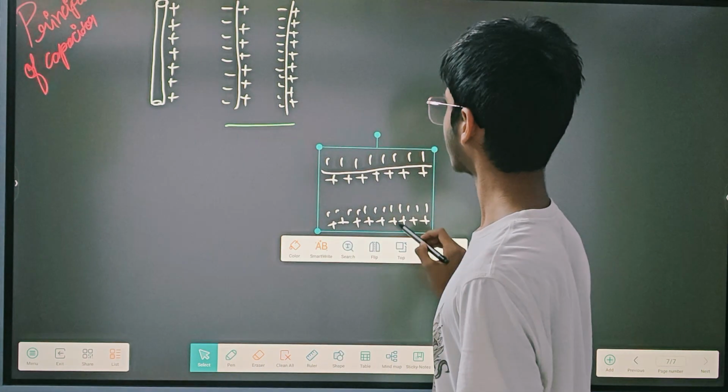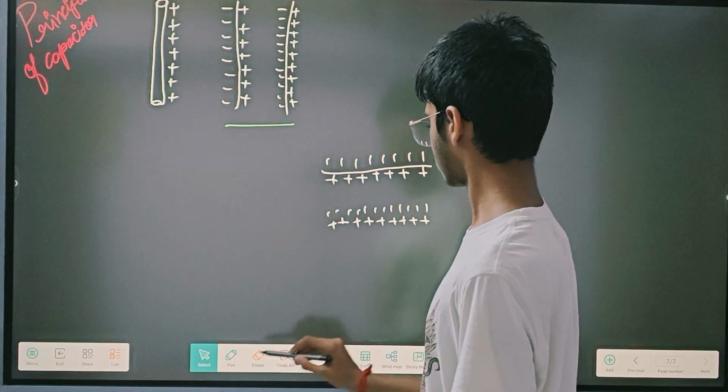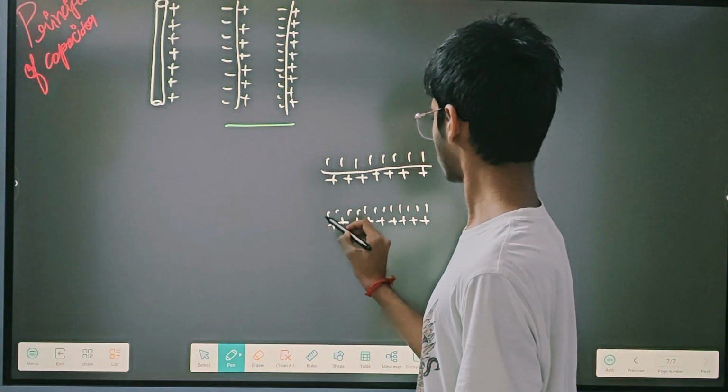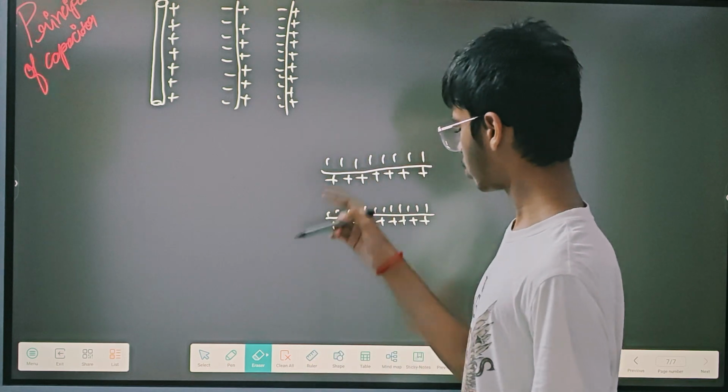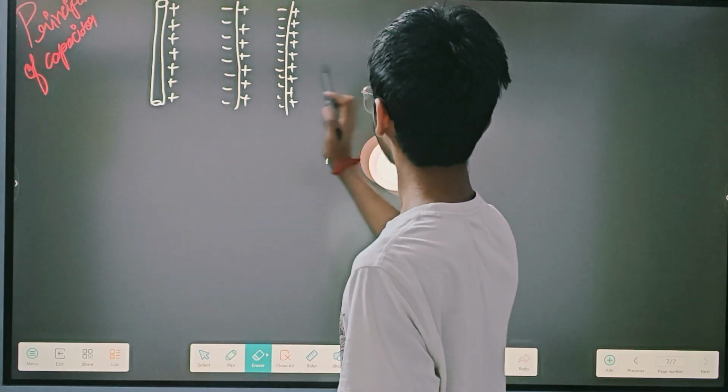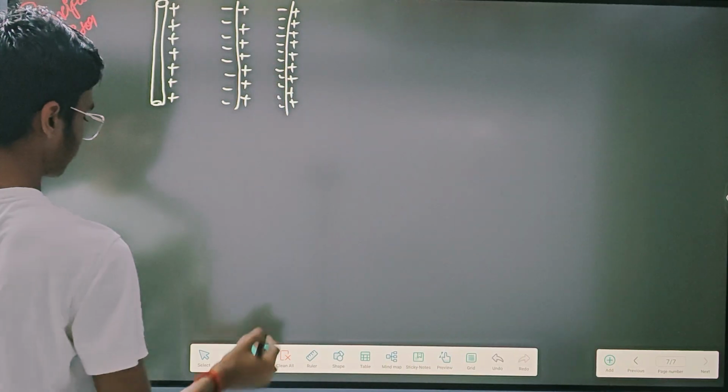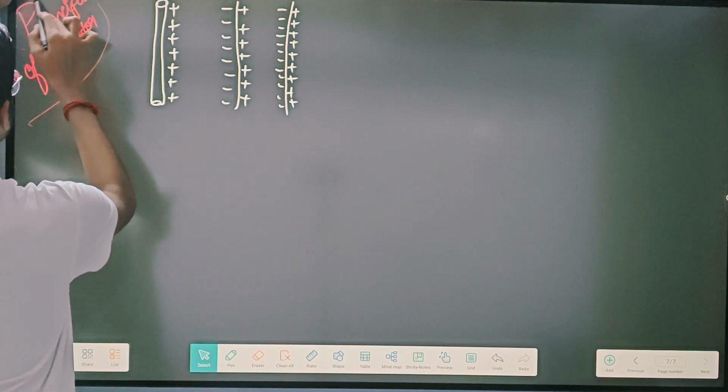Like this I'm going to take it. See, there are two different plates now. I will draw it. I don't know why this page is giving me some ill effects.